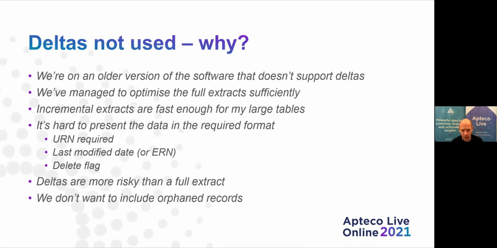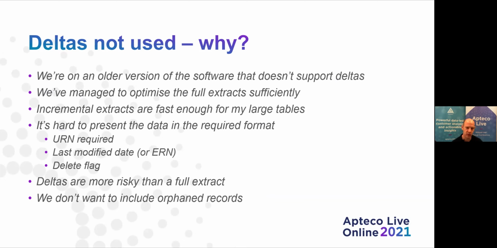So we've got a few ideas as to various reasons why, and we'd like you to tell us, for the various systems that you've got, if you find the time, why aren't you using deltas. We've got some example reasons for what might be going on. We know we've got plenty of people on an older version of software that doesn't currently support deltas.